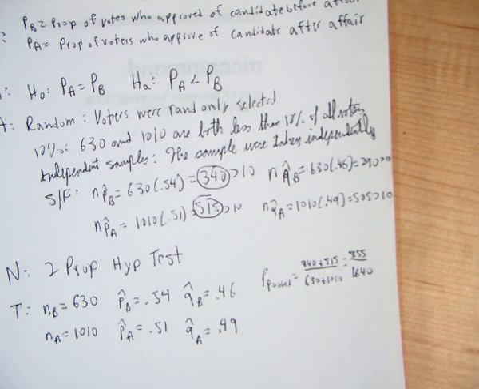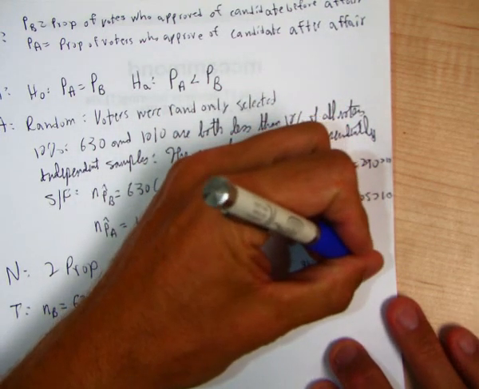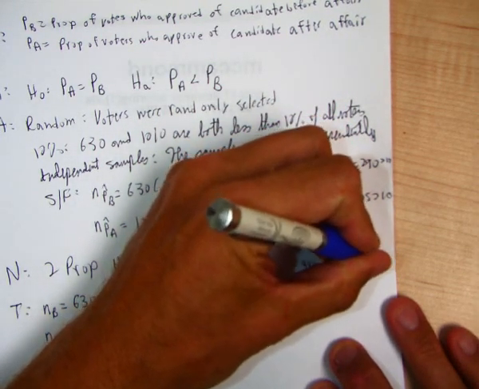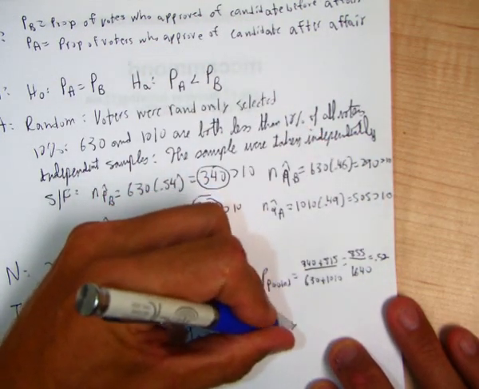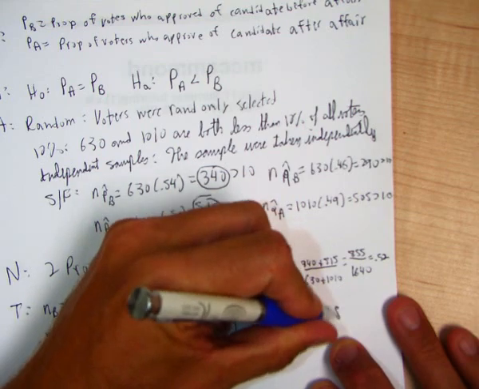So 855 divided by 1640, and you get about 0.521. I'm going to just say 0.52. So q pooled is going to be about 0.48.